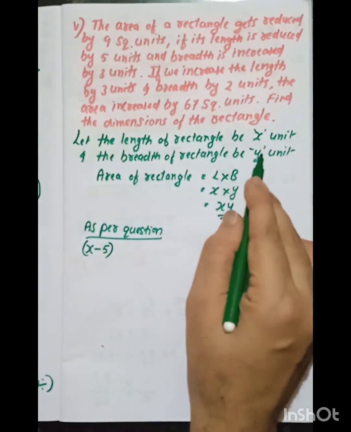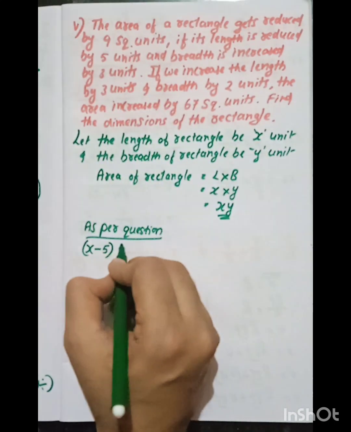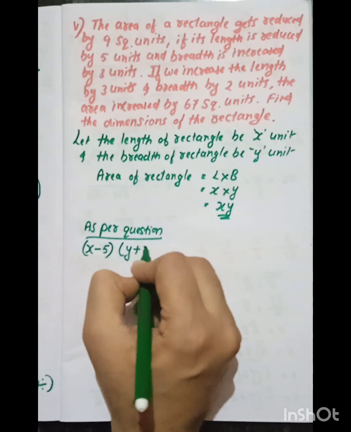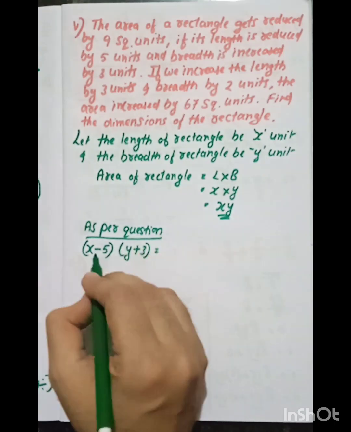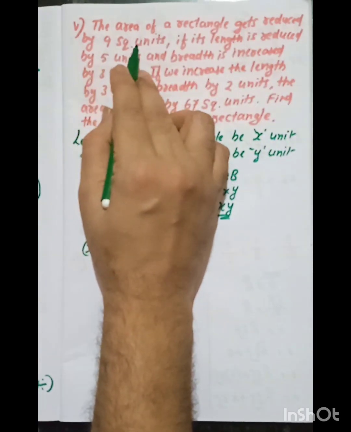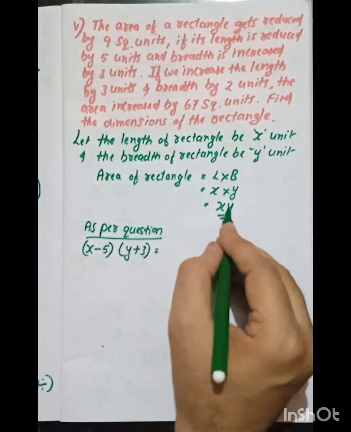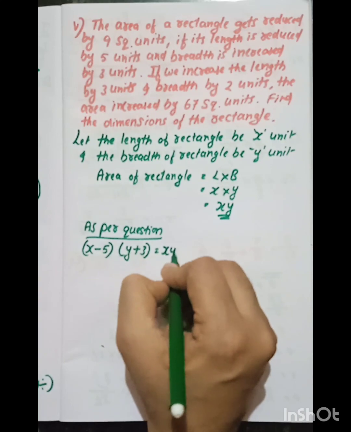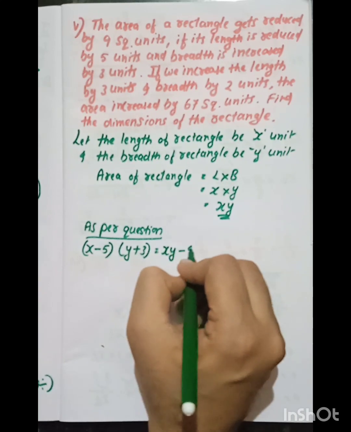What is breadth? y increased by 3 units means y plus 3. Length into breadth equals area. The area of the rectangle gets reduced by 9 square units. What is the area? xy. Reduced by 9 means minus 9.